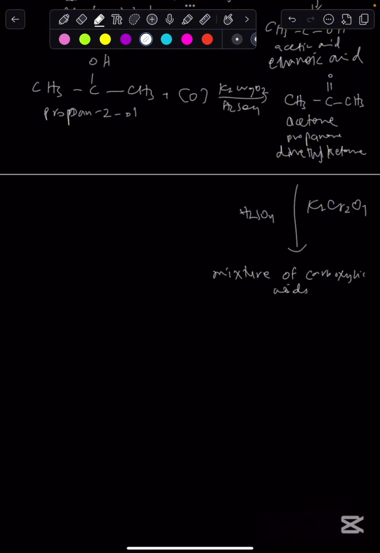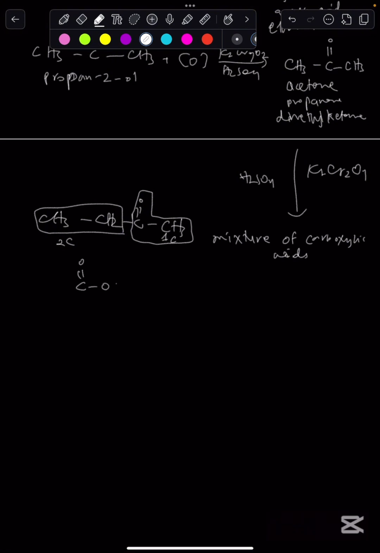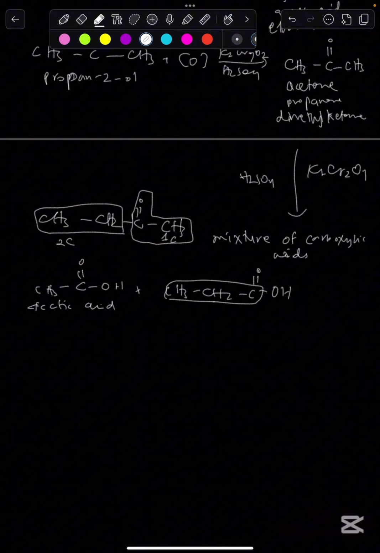So if we have unequal distribution of carbon on either side of the functional group, the carbonyl carbon is going to favor the side which has lesser number of carbon atoms. So for example, this has 1 carbon atom, this is 2 carbon atoms. So it's going to form acetic acid plus propanoic acid.